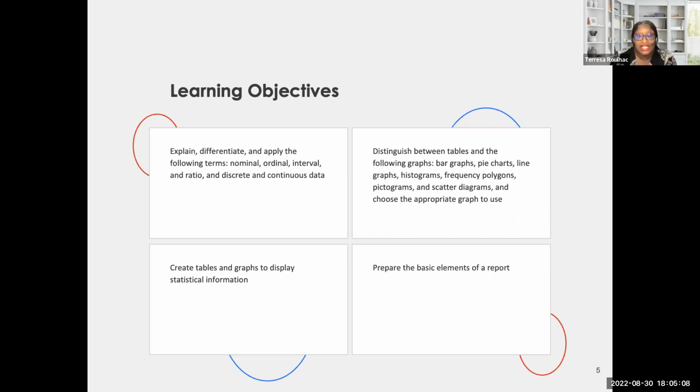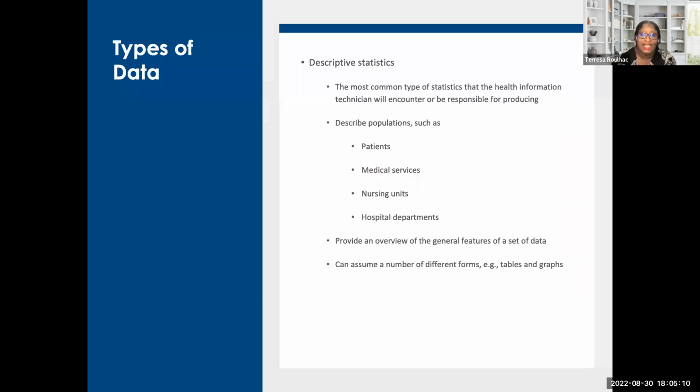We're going to go ahead and jump right in with types of data. Now, as you can see, the most common type of statistics that the health information technician will encounter or be responsible for producing is going to look at the population that they're dealing with, meaning what type of patients are you going to have in your type of facility?